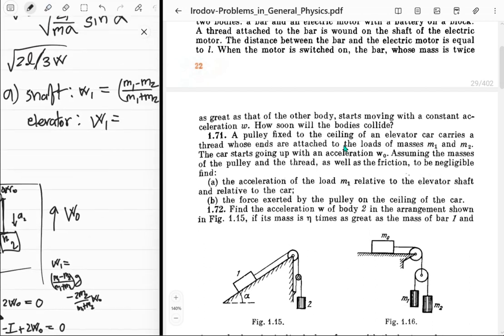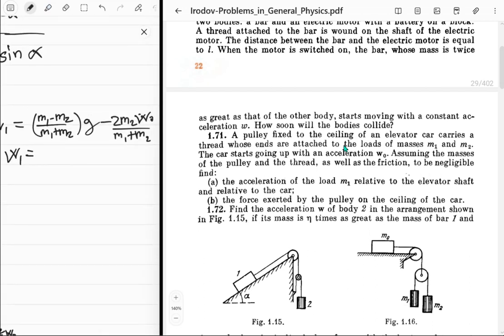Okay, what about W1 when you consider the shaft to be moving up by W0? So you have to add W0. Sorry, subtract W0. It's got to be subtract, right? Because, no, wait a second.